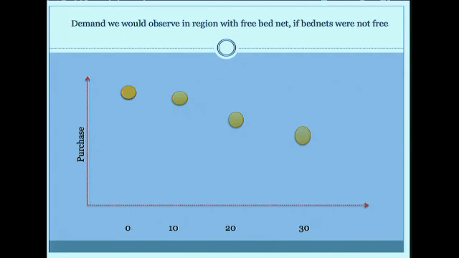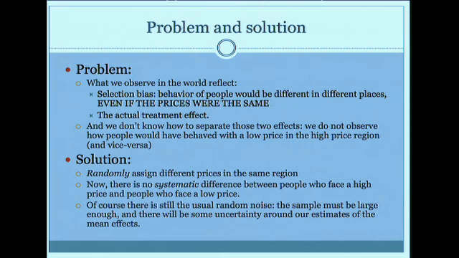And that creates this bias situation. In fact, you can try and make more progress on this question by creating experiments where you fix the region or the environment and you randomly assign the prices. The randomization ensures that there is nothing systematically different between the people who got the free Bednet and people who didn't get it.